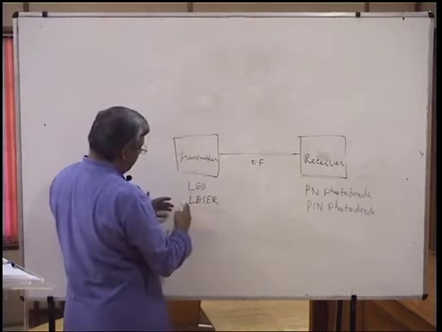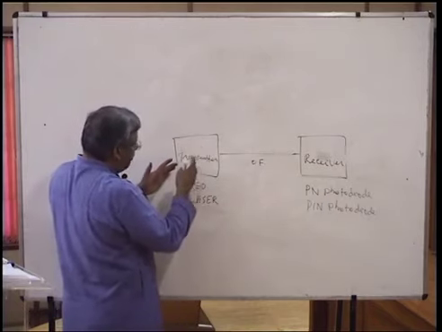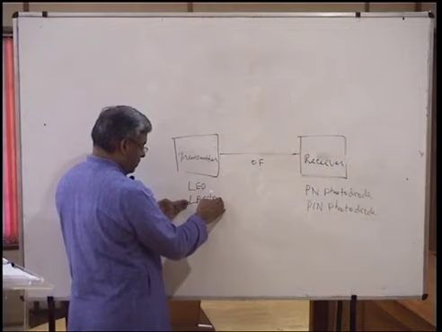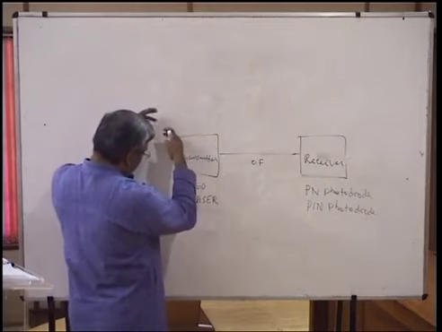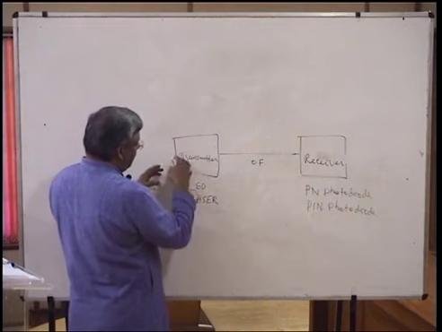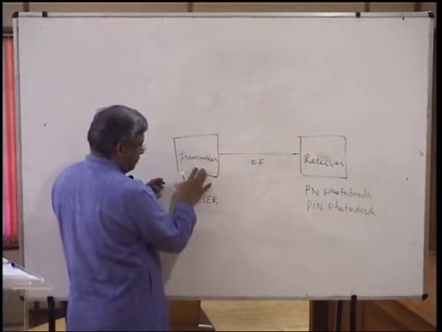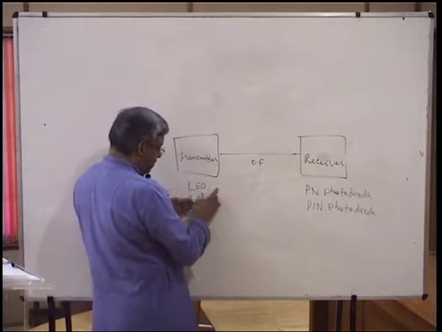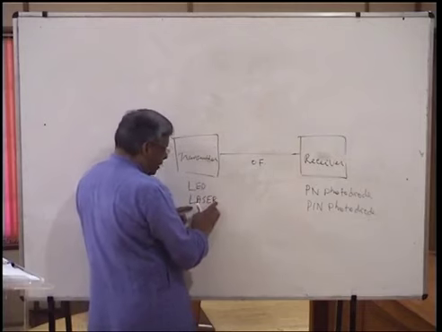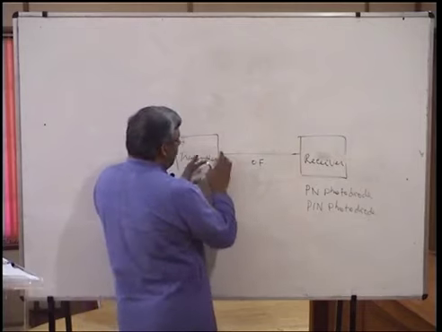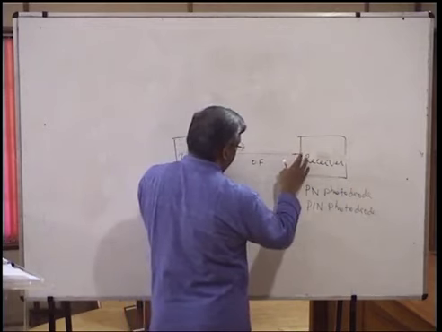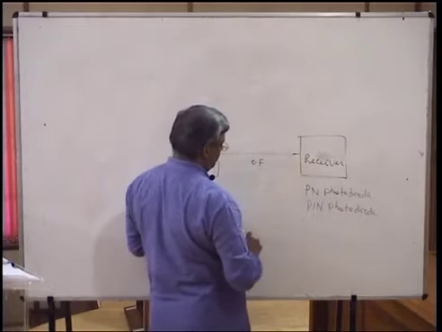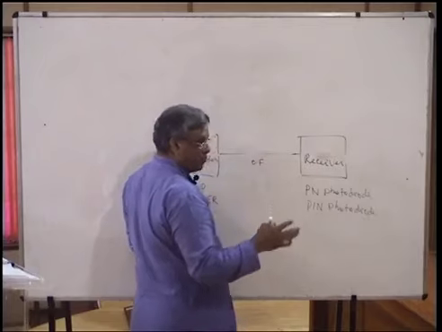Any kind of signal will be converted into photons, either by LED or by laser. This conversion of signals to light is what happens in the transmitter. And that light, when it's produced, let it be LED or laser, spontaneous emission or stimulated emission, will be channeled through the optical fiber. The optical fiber can carry these optical signals for long distances. And about this optical fiber, we will discuss tomorrow.